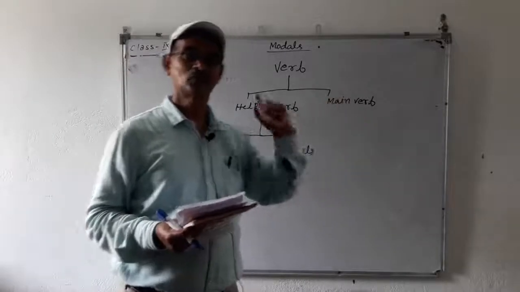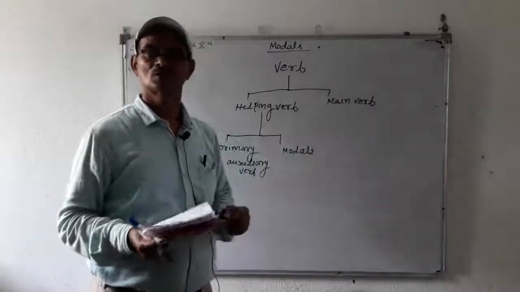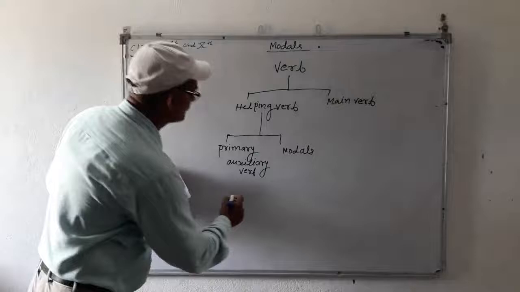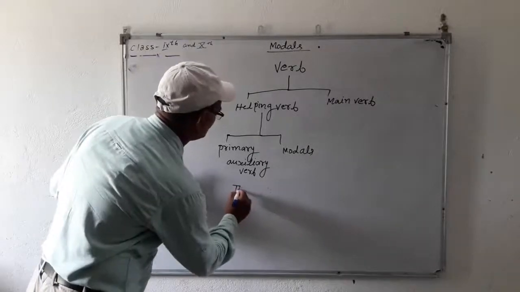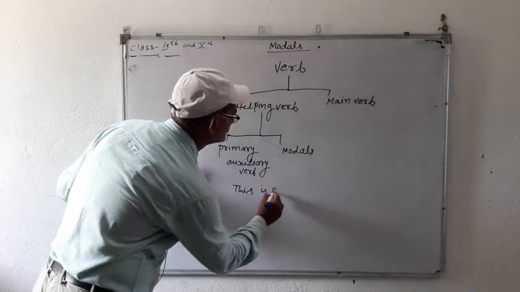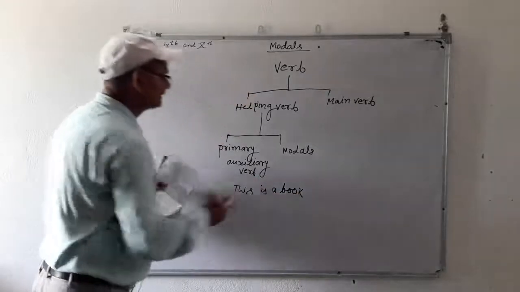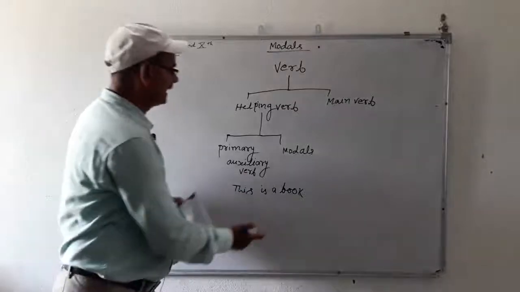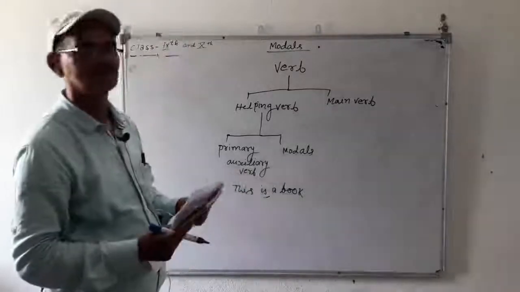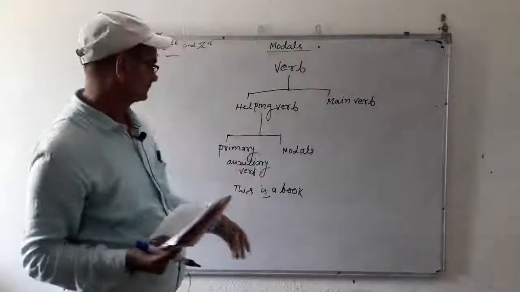Not only that, but they are also used as main verbs. This is a book. Here, is is an auxiliary verb and it is working as the main verb.